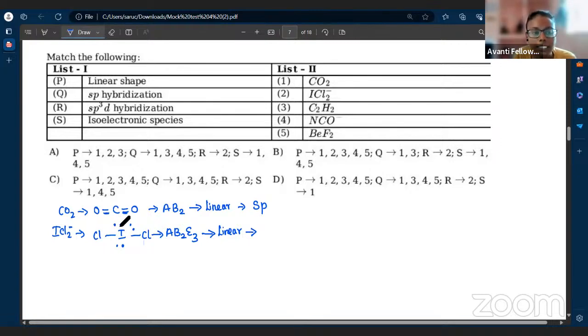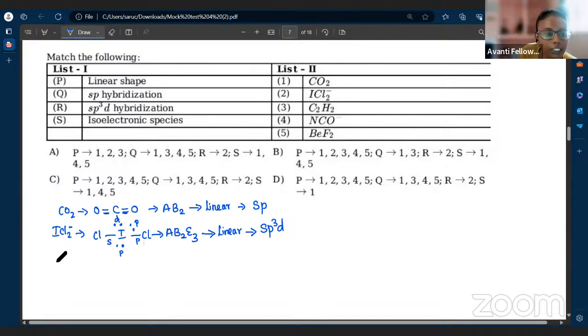What is the hybridization over here? You have 2 sigma bonds and 3 lone pairs, so totally it is going to be 5. So you'll have sp3d. Okay, sp3d is the hybridization.